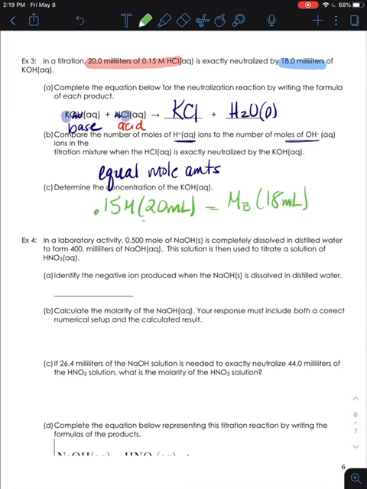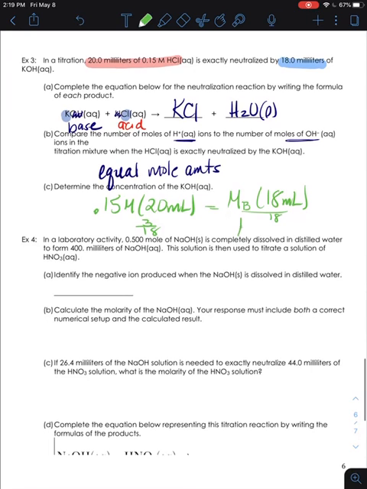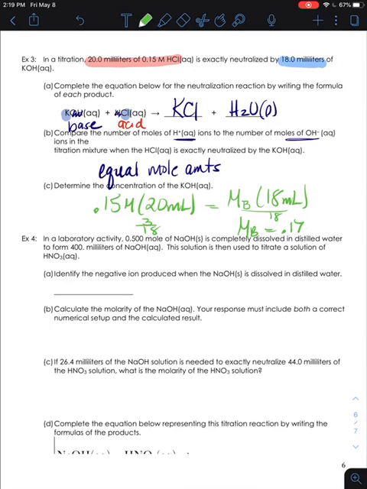So we do that, that's roughly 3. Divide that by 18. So MB is going to equal 3 divided by 18, which is roughly 0.17 molarity of the base. Try example 4. If you need any help, let me know.